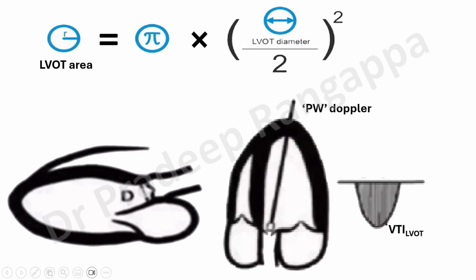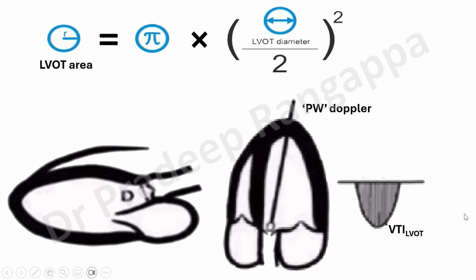And to calculate LVOT VTI, which I'm sure many intensivists would know, you place the cursor in between the edges of the septal endocardium and the anterior mitral leaflet during systole. You have to place it exactly between them and put a pulse wave Doppler sample there.